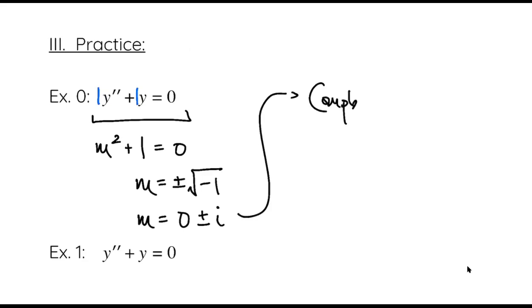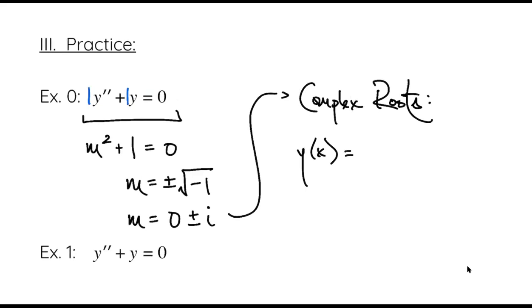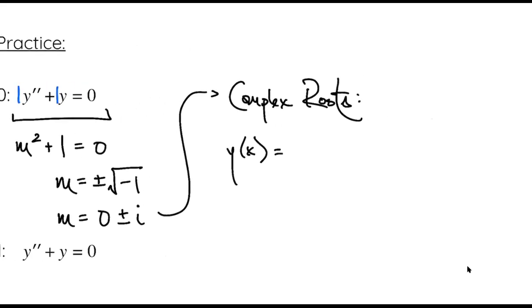So complex roots have a specific solution form. In fact, our solution, our y of x, is going to be e to the 0 times c sub 1 cosine 1x plus c sub 2 sine 1x.